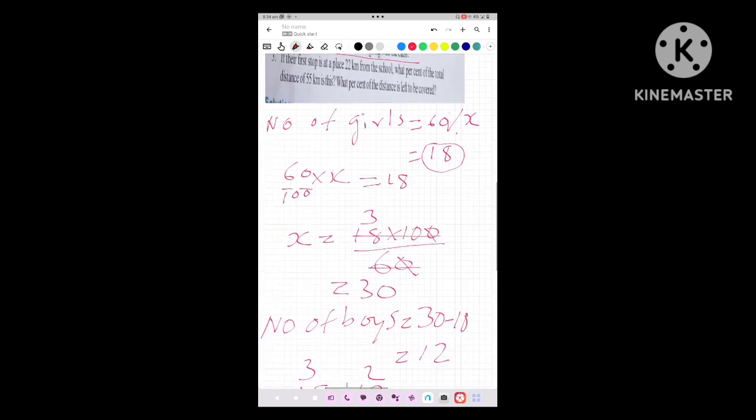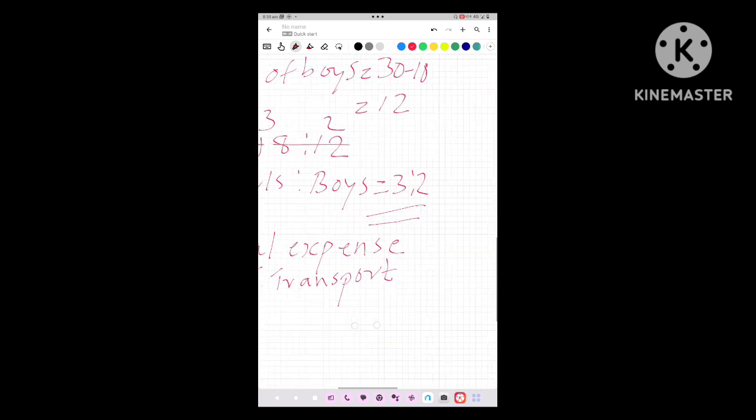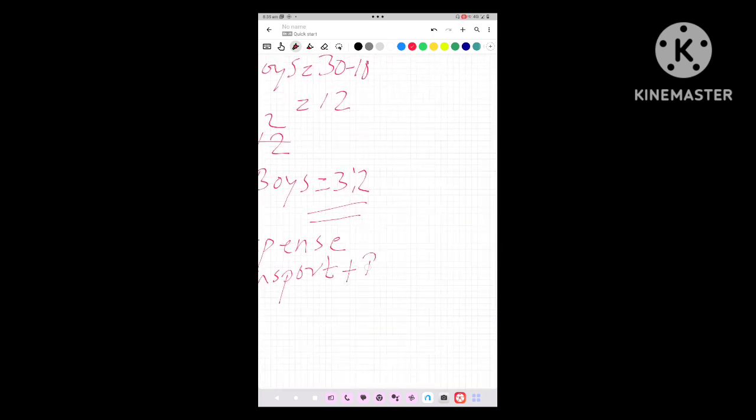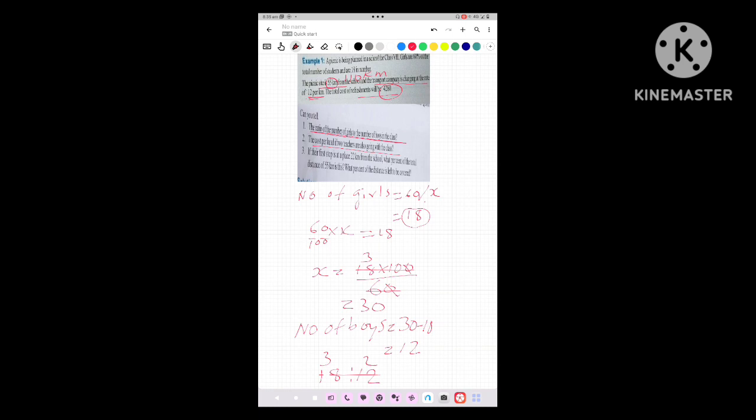Let us write this. Total cost or total expense. What is the total expense? Total transport charge plus refreshment charge. Correct? We have got 110 kilometers, each kilometer 12 rupees.